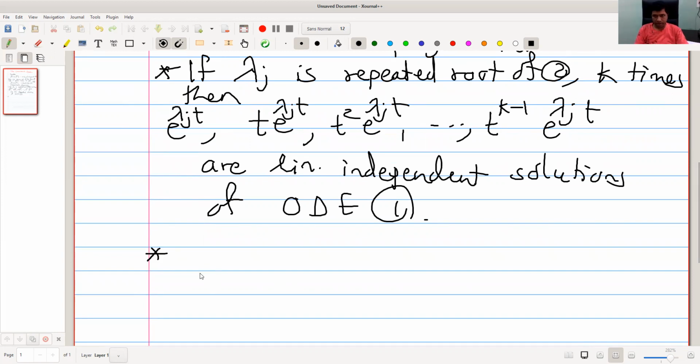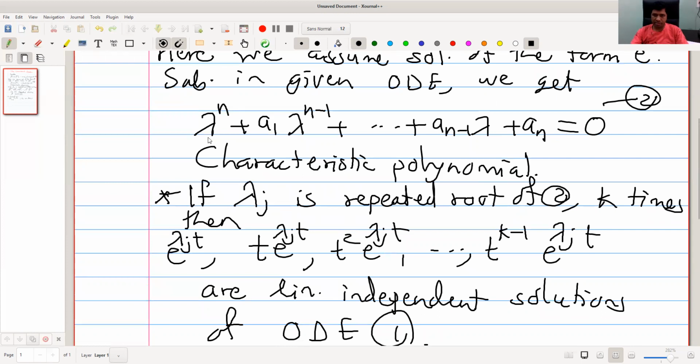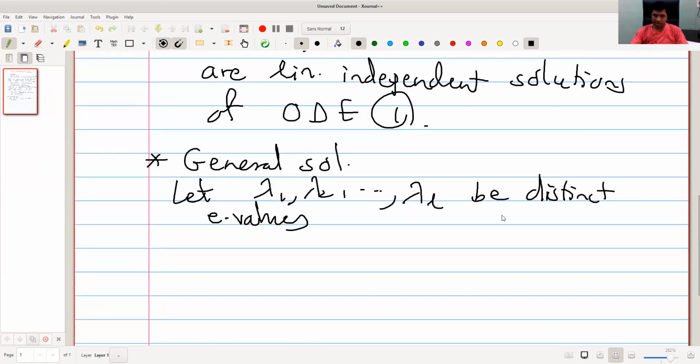Second thing is, what is the general solution? Suppose we have distinct eigenvalues lambda 1, lambda 2, and so on, say lambda L, be distinct eigenvalues. Roots of this characteristic polynomial are called characteristic values or eigenvalues.